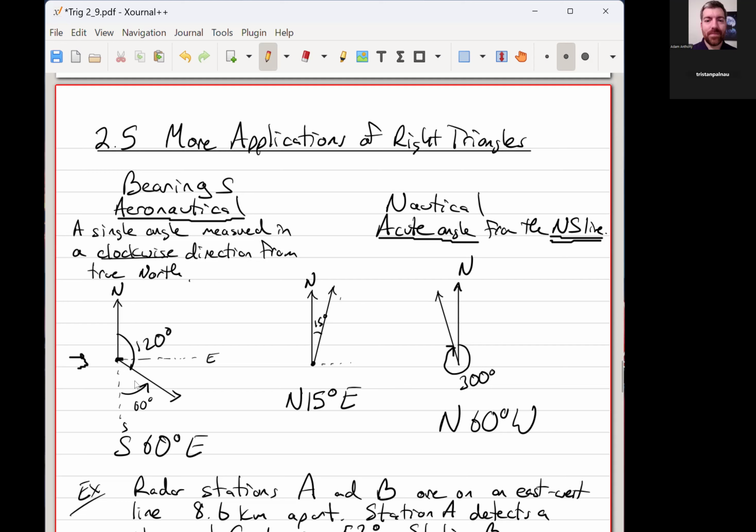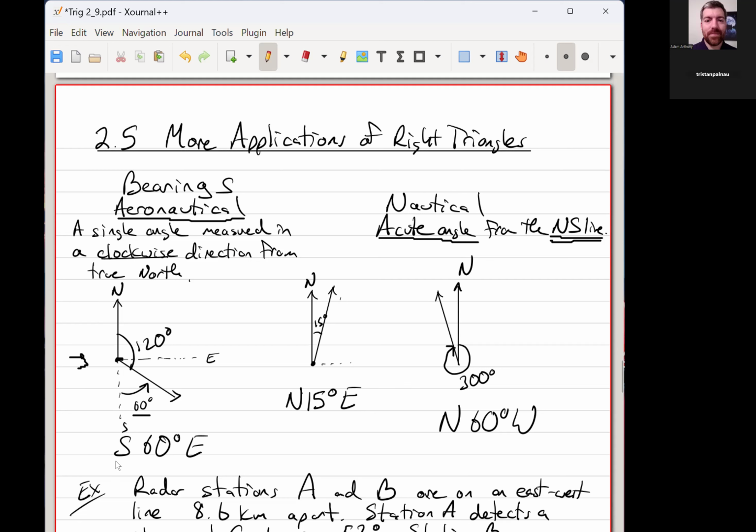If we're going 120 in aeronautical, the north-south line would be 60 degrees away. That's the supplement: 120 and then 60 is what you would need to get to the south line. And so that 60 degrees is the nautical bearing.